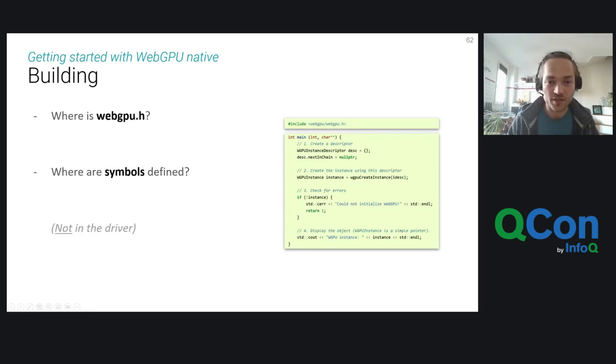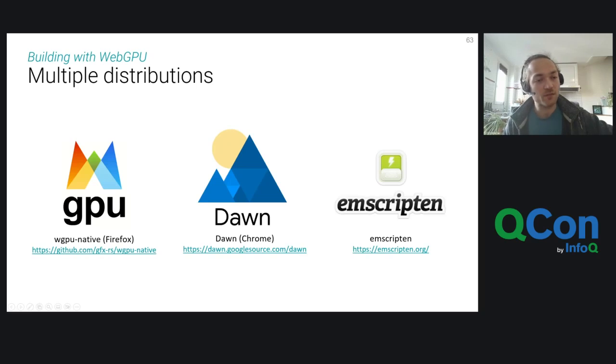Because the first thing is, where is this header, the WebGPU.h, and also if we have a header that declares symbols, they must be defined somewhere. So how do we link to an implementation of WebGPU? And as I was mentioning, contrary to other APIs, those are not provided by the driver. So we have multiple choices. Either we use WGPU native, which is based on the Firefox backend, or we use Dawn, which is the Chrome backend.